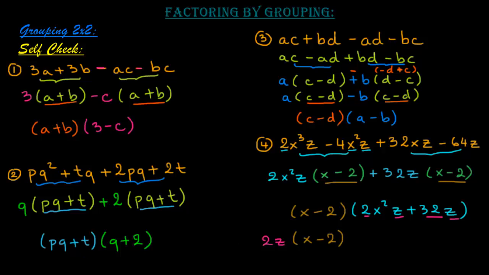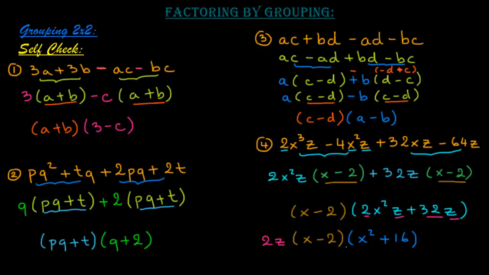This one leaves us with x squared plus 32. You factor out 2, so that leaves us with 16, and z already came out, so x squared plus 16. And that is the final answer for problem 4.